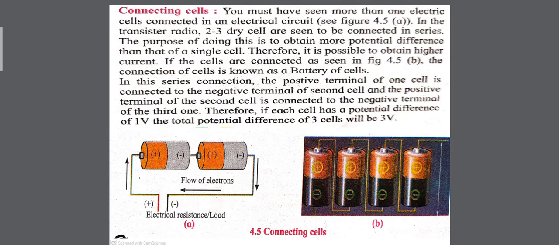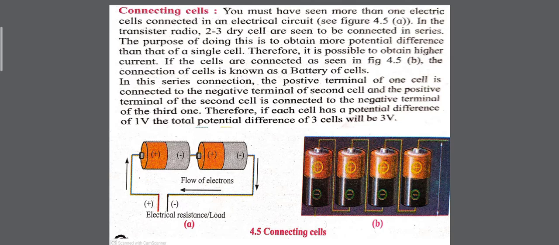The purpose of doing this is to obtain more potential difference than that of a single cell. Therefore, it is possible to obtain higher current if the cells are connected as seen in figure 4.5b. The connection of cells is known as a battery of cells.